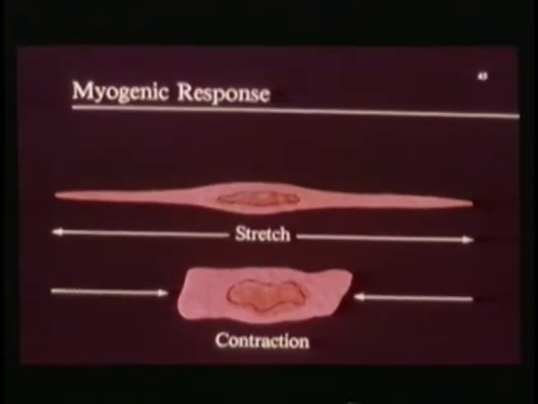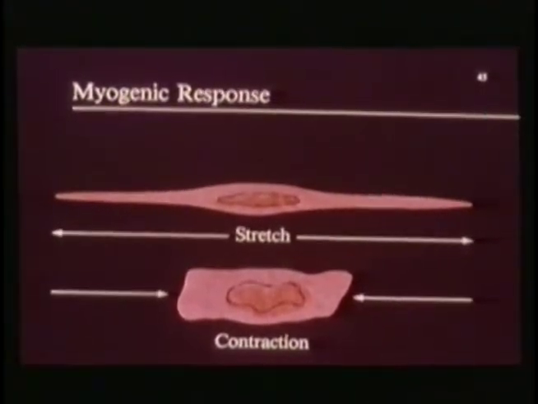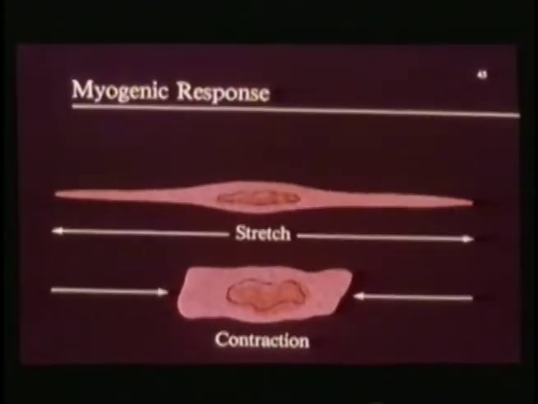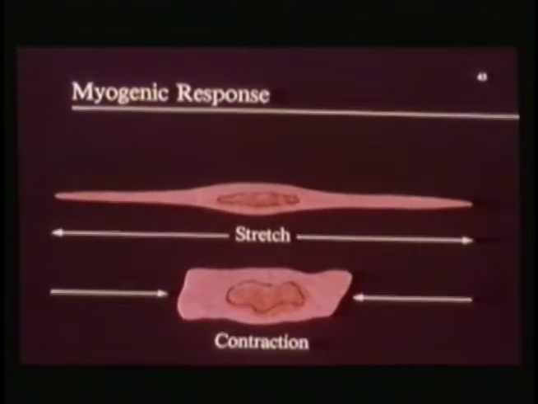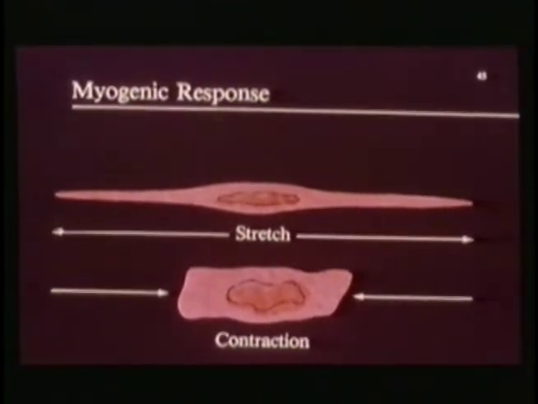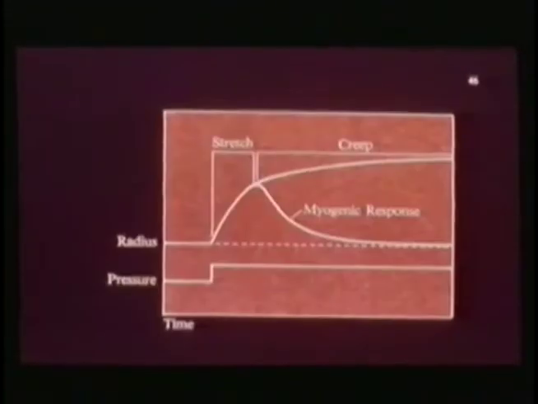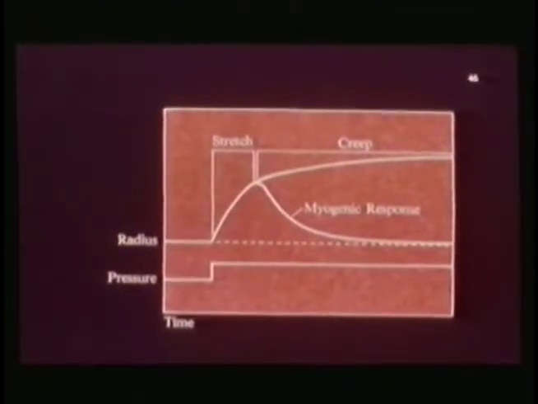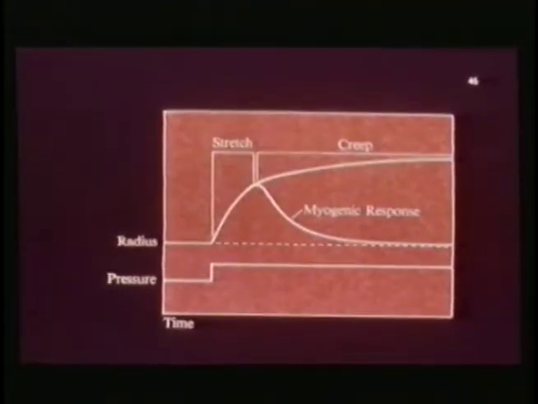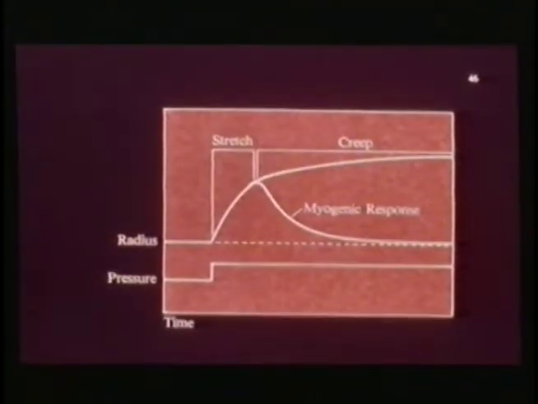45. In some vascular smooth muscle, the stretch caused by increased intravascular pressure triggers the myogenic response, which leads to sustained contraction of the smooth muscle cells for as long as the pressure remains elevated. 46. Creep and the myogenic response tend to induce opposite length changes in smooth muscle cells.